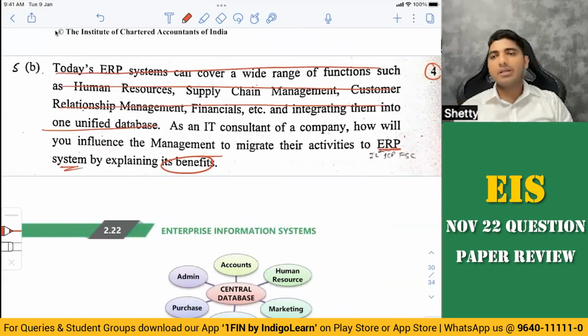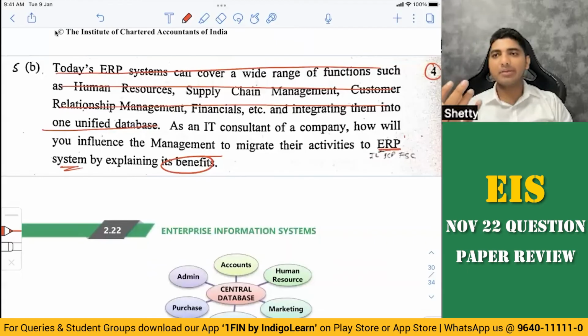Now, what is ERP? In very simple words, ERP is one big software which has all the small softwares that handle different fields. So it's a big software which has accounting, marketing features, sales related features, inventory related features, HR related features.